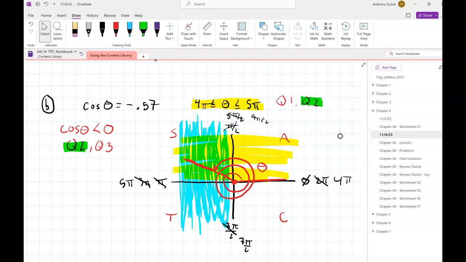The alpha always goes between the x-axis and the terminal side of my angle. So that's going to be my alpha. So my equation that I'm going to write needs to relate theta, alpha, and the side of the x-axis that's closest to the terminal side of theta, which in this case is 5 pi.